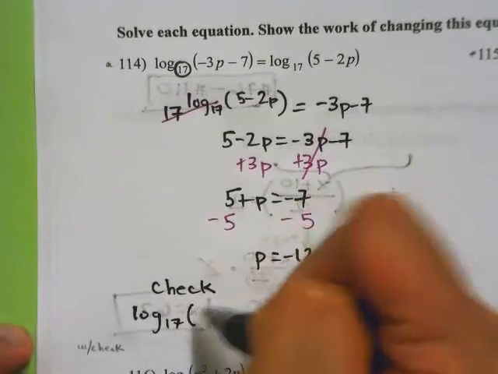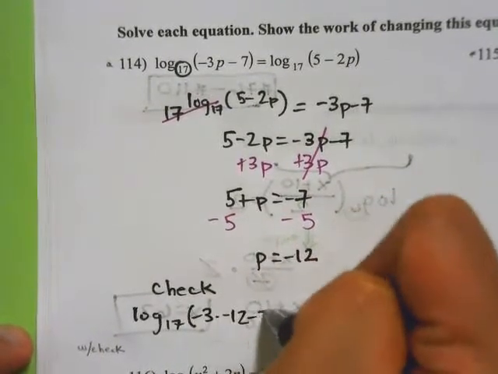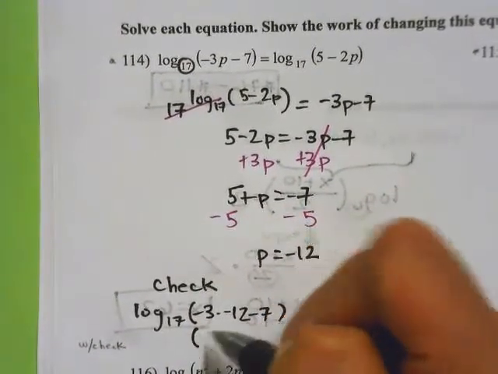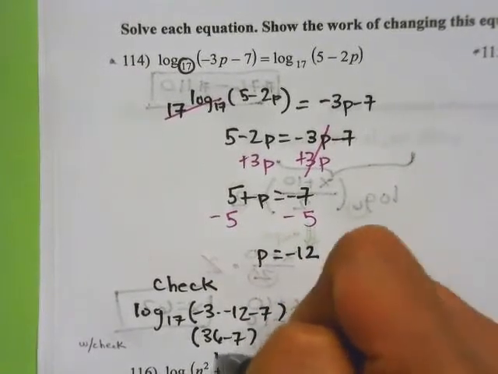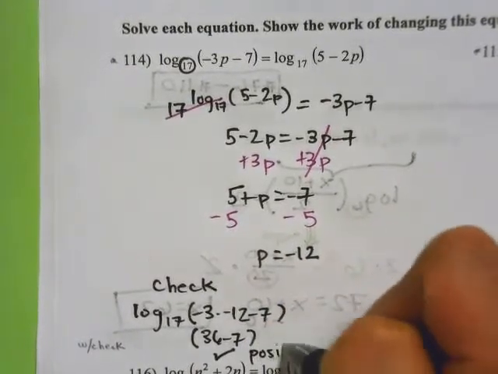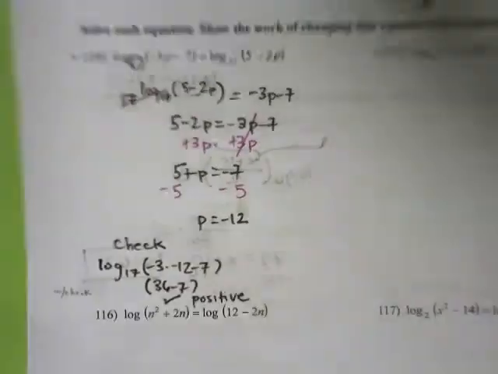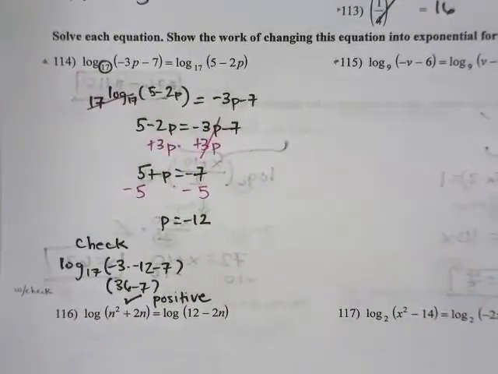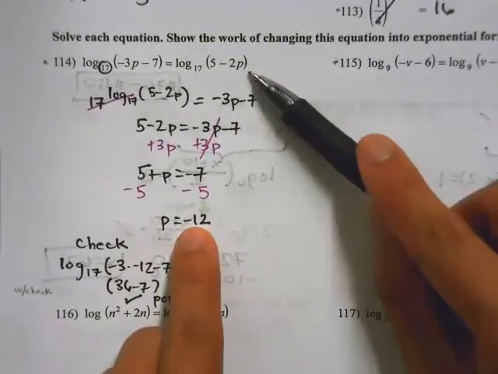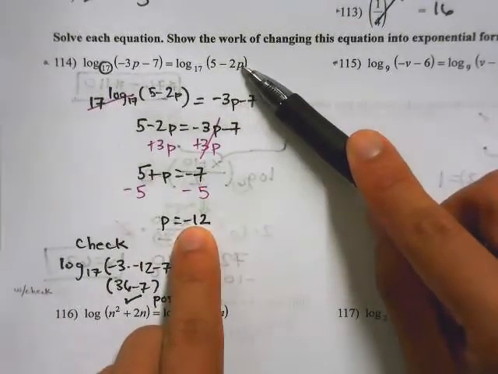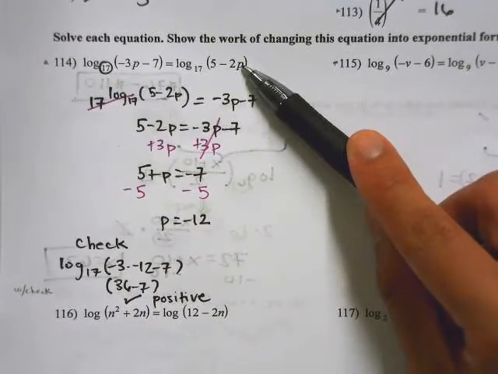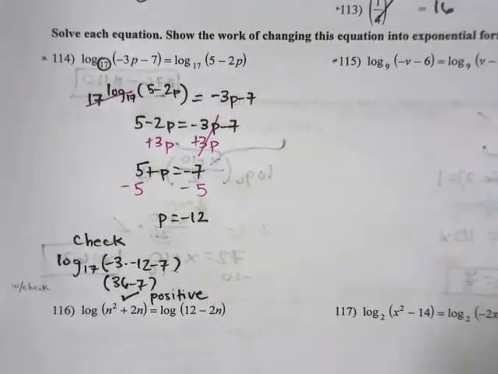Log of 17, negative 3 times negative 12 minus 7, so this is going to be 36 minus 7. Good, it's positive inside. And negative 12 will also work over here, because negative 2 times negative 12 is positive 24, so 24 plus 5 will be positive.